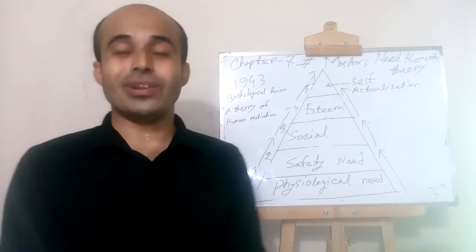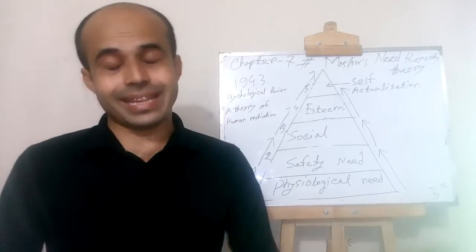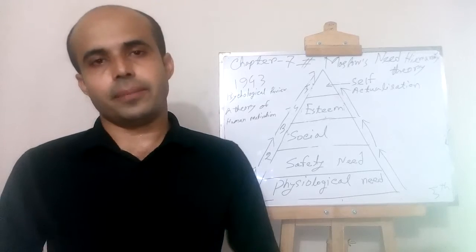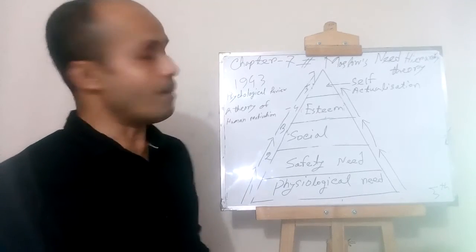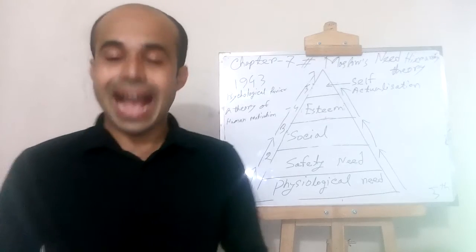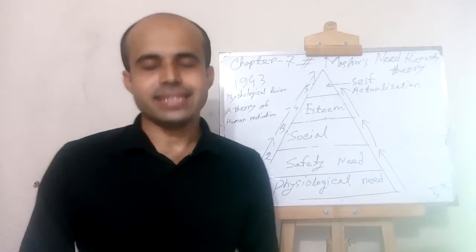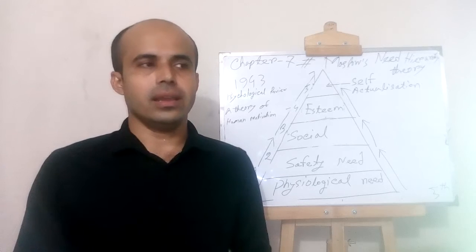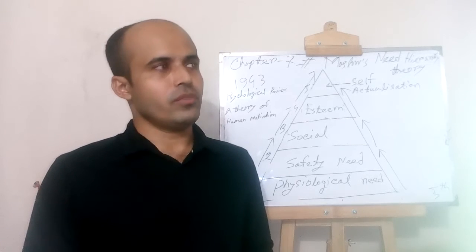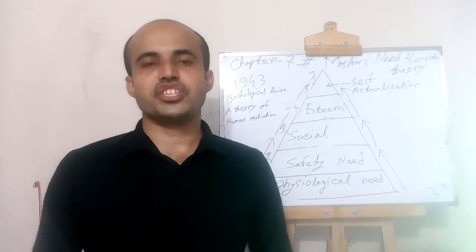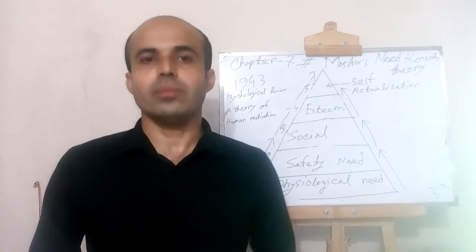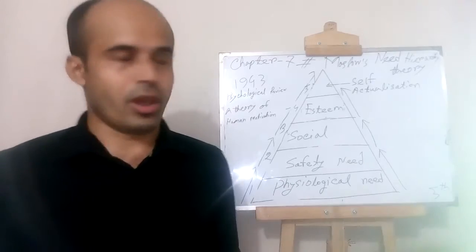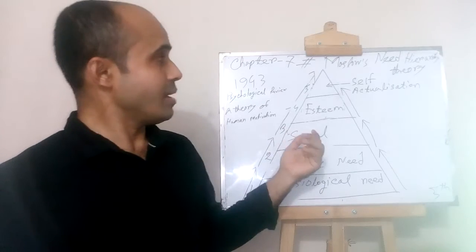Today's learning outcome and topic to discuss is Maslow's need hierarchy theory. That is a theory which is very important for any type of organization to give appropriate and proper motivation among the employees.